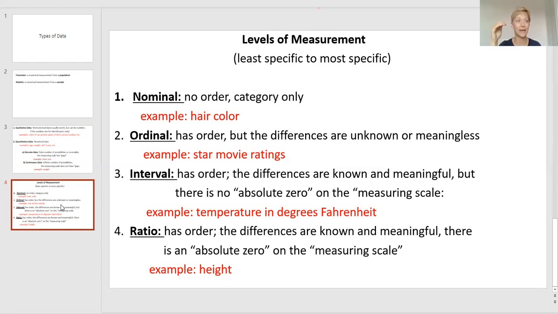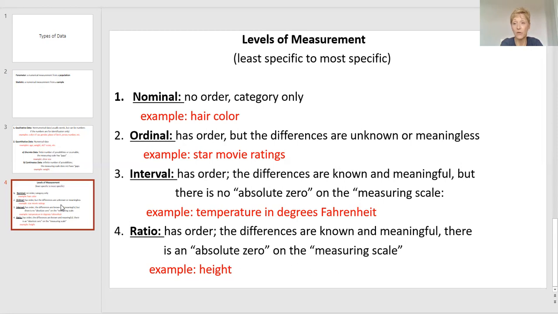But think about it. In Bismarck, North Dakota in January, it may be -7 degrees. So there's a 0 on that thermometer, but you can go below it, so it's not an absolute 0. So when it's 0 degrees outside, that's not the absence of all heat. That's why 40 degrees Fahrenheit is not twice as hot as 20 degrees Fahrenheit.